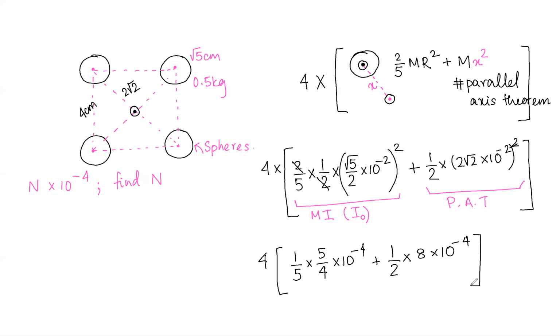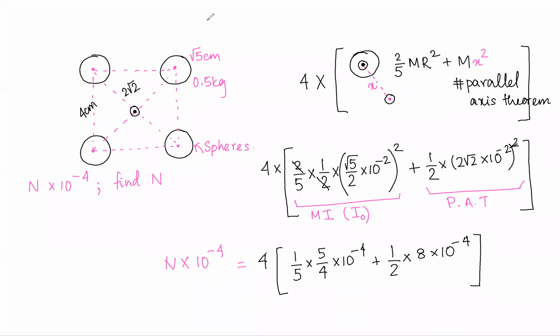Keep in mind that we have to compare this to what? N into 10 to the power minus 4, which means that the question is saying there is a term with 10 to the power minus 4. You have to tell us what is with that term. You have to divide it into two terms, one with 10 to the power minus 4, and you have to talk about what is with that term.